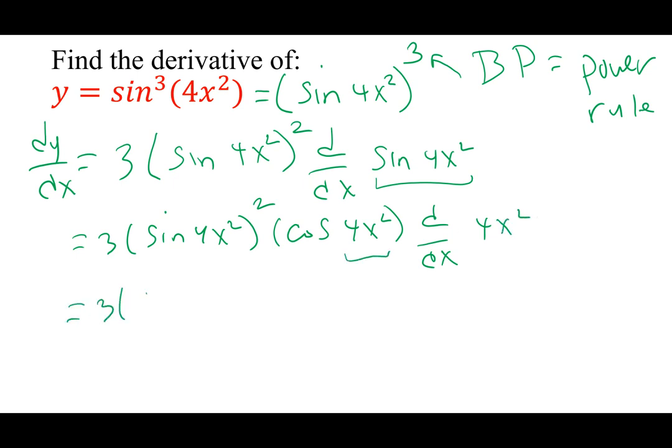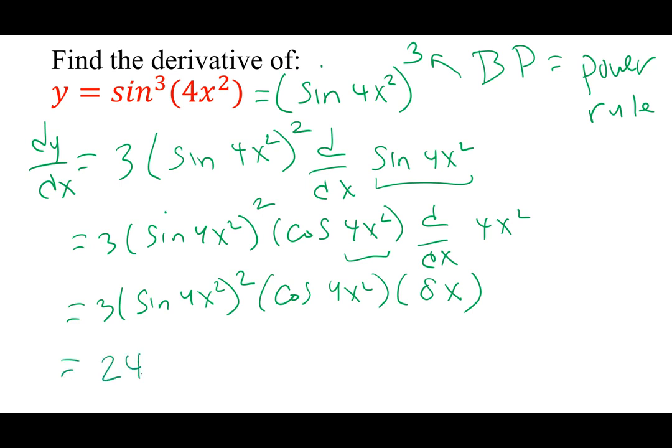So finally, 3 times the sine of 4x squared times the cosine of 4x squared times the derivative of 4x squared, which is 8x. That is going to all combine to be 3 times 8x, that's a 24x, times the sine squared of 4x squared times the cosine of 4x squared, and that'll do it.